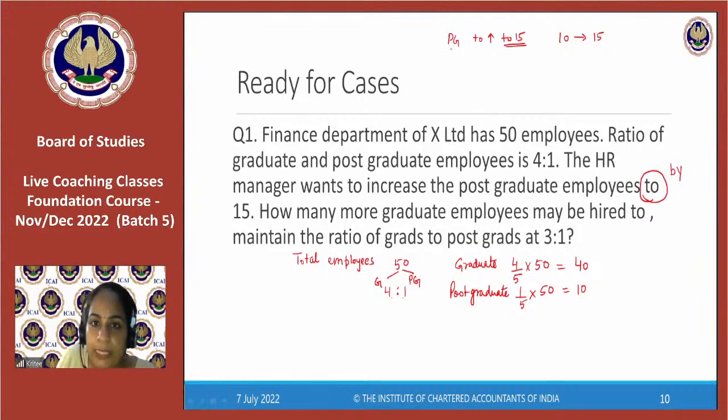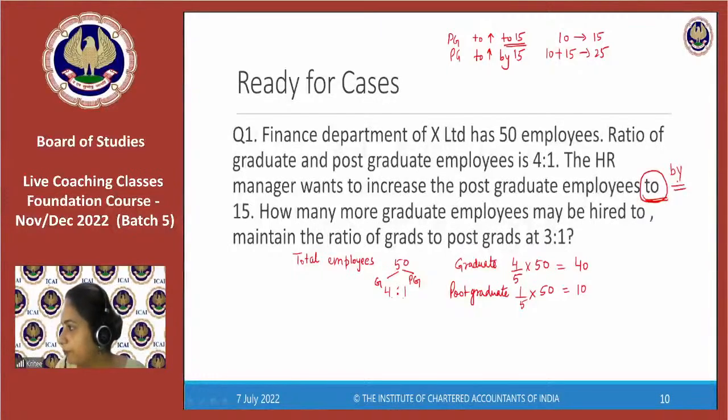But when the question says postgraduate to increase by 15, that means the increase must happen by 15 more employees, with the existing employees, we need 15 more. That means your postgraduate employees must be 25. So be careful with the term to or by in the question from the next time.